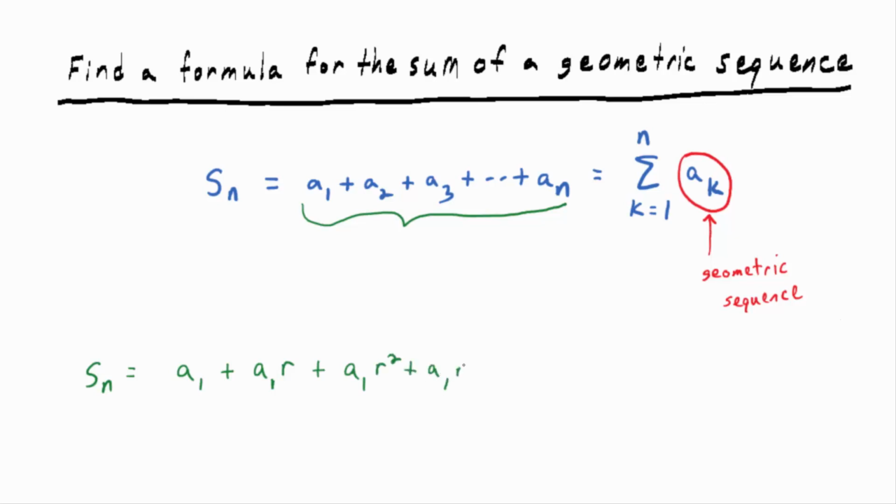The fourth term is A1 times R cubed, plus dot, dot, dot. The nth term is A1 times R to the n minus 1. That's the formula we just developed for the nth term, right?